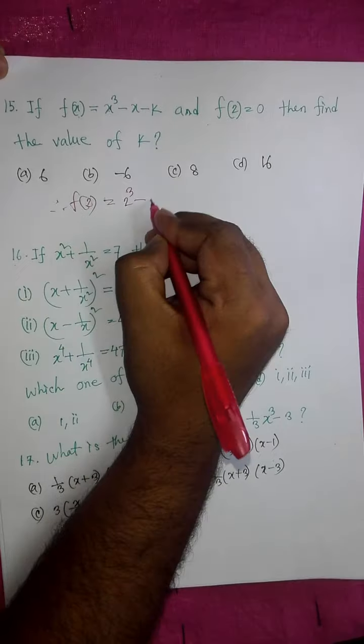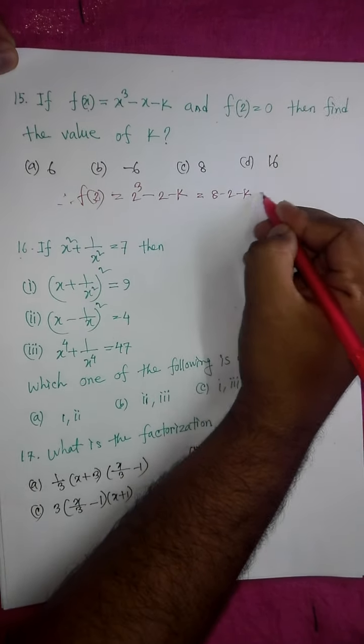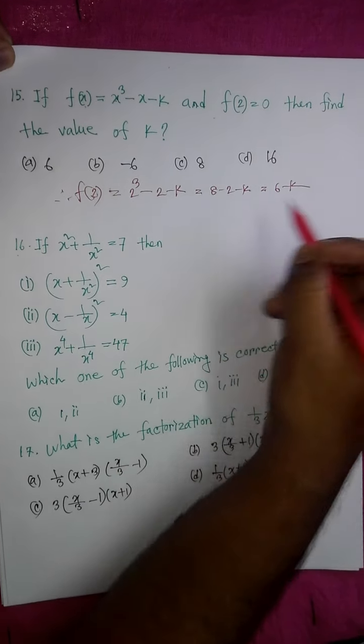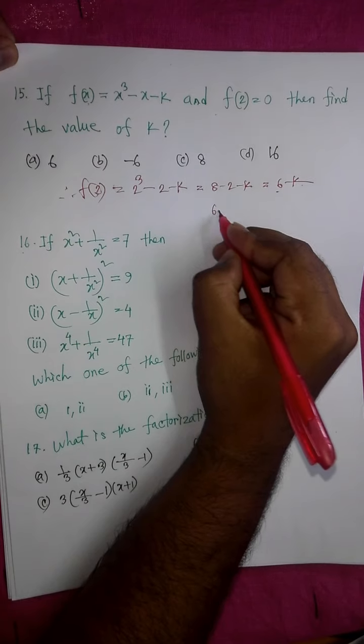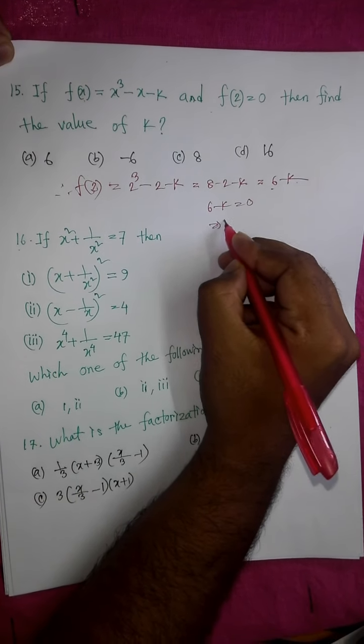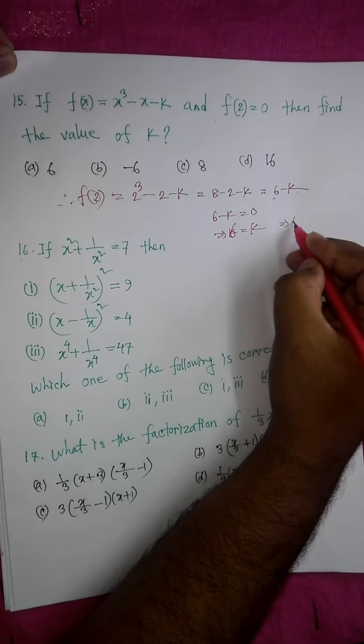So 2 cube minus 2 minus k, it becomes 8 minus 2 minus k, that is 6 minus k. So the value of 6 minus k equal to 0, so 6 equal to k, that is k equal to 6.